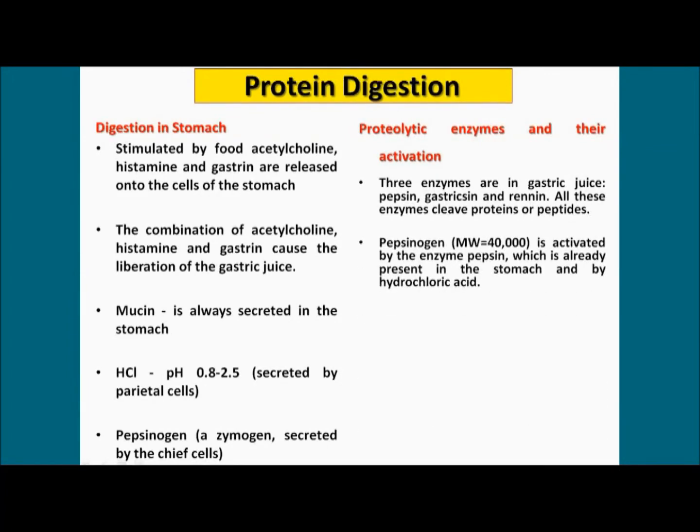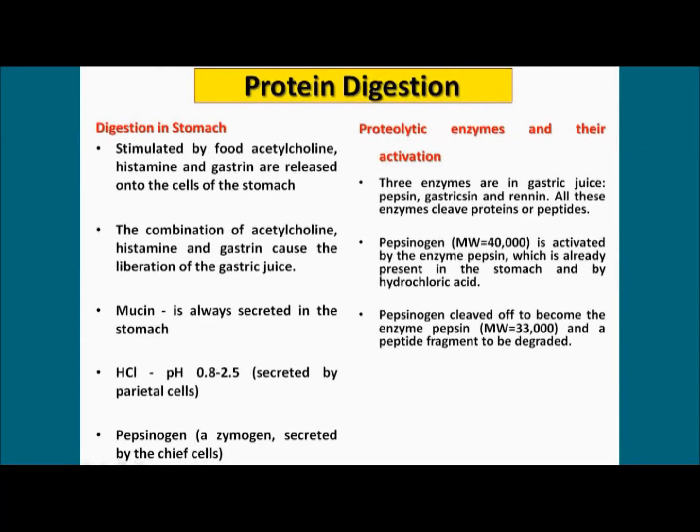Now we know that pepsinogen is the important zymogen. It is activated by the pepsin enzyme itself, right, which is already present in the stomach. And apart from pepsin, pepsinogen is also activated by the HCl, which is secreted by the parietal cells in the stomach.